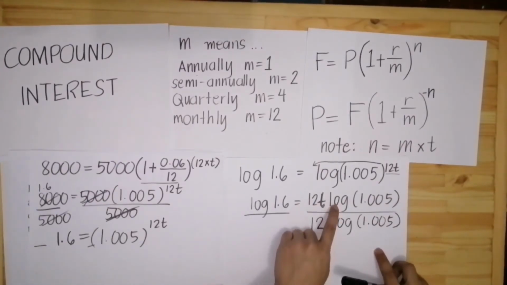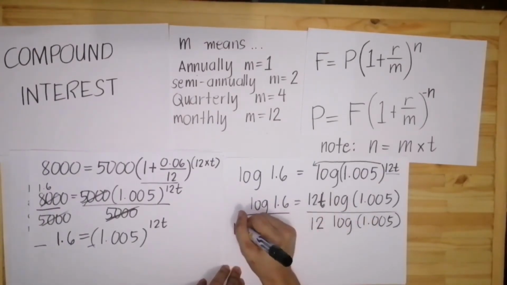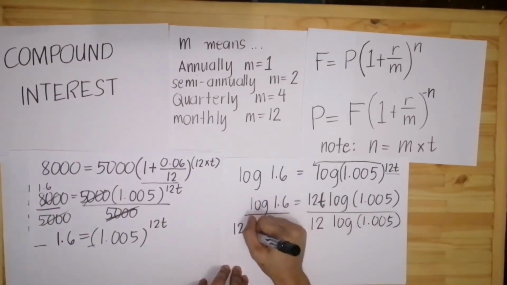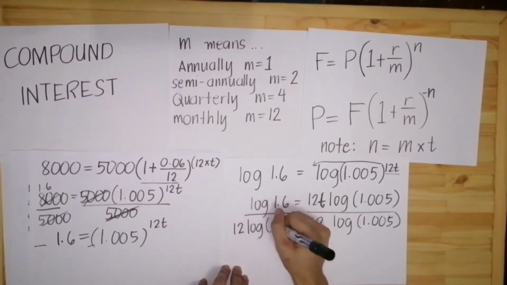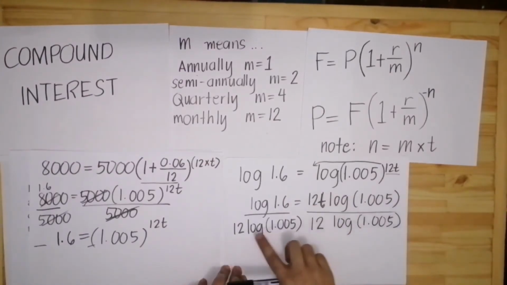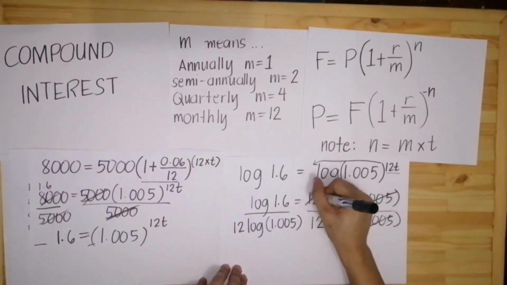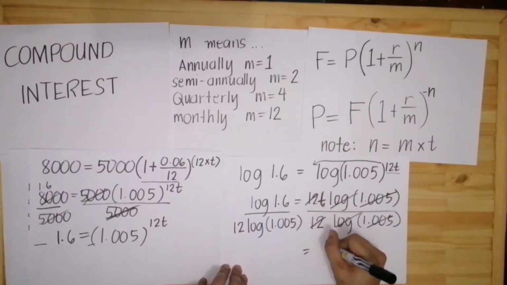Dinivide mo kay 12, dinivide mo kay logarithm 1.005. Dapat mag-divide ka rin sa kabila, 12 logarithm 1.005. So, kinopya ko lang ito dito. So, cancel na natin to, cancel logarithm, cancel din yung 12. Ang matitira dito ay yung time.